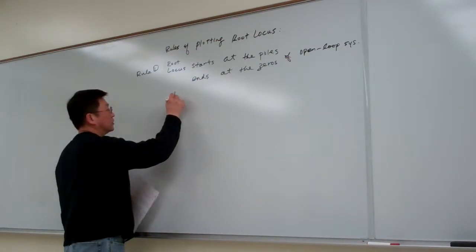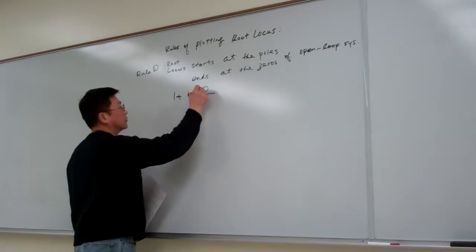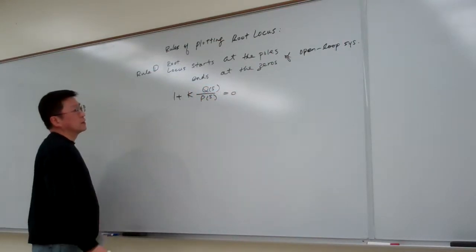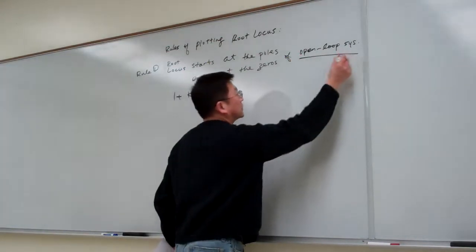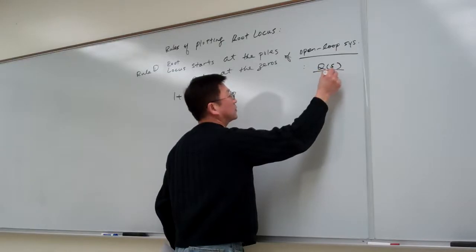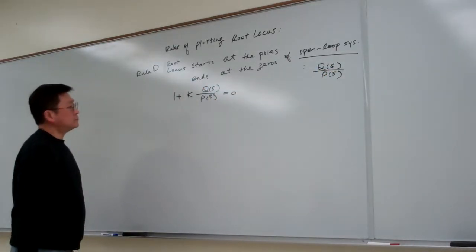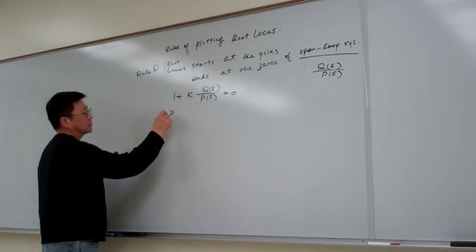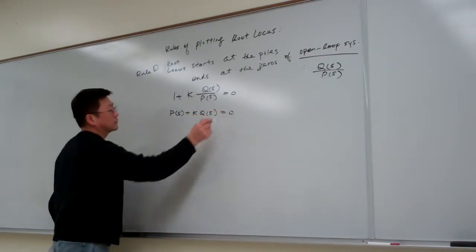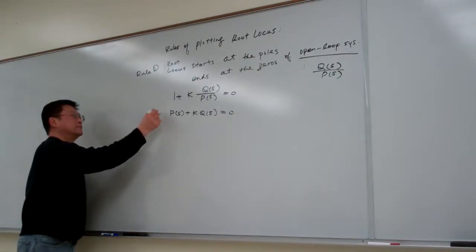So say here we consider K Q(S) over P(S) equal to 0. So here this open loop system, that means the Q(S), P(S). So from here, let us rewrite this equation to become like this.